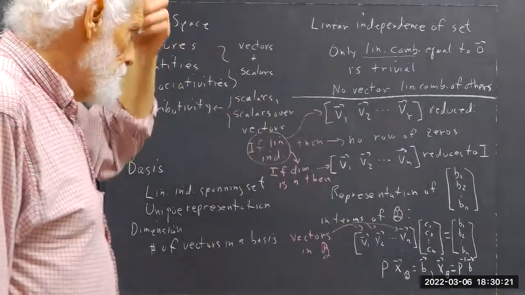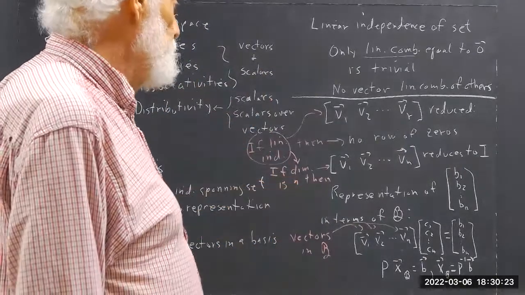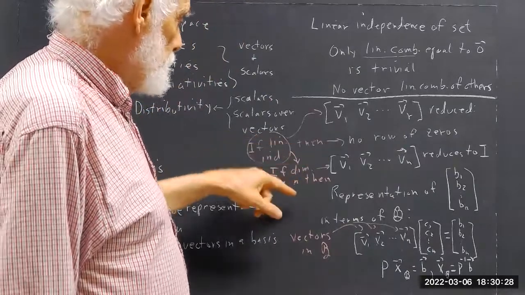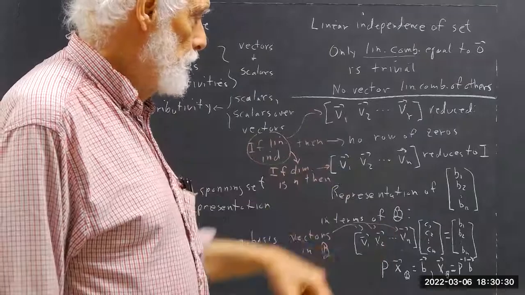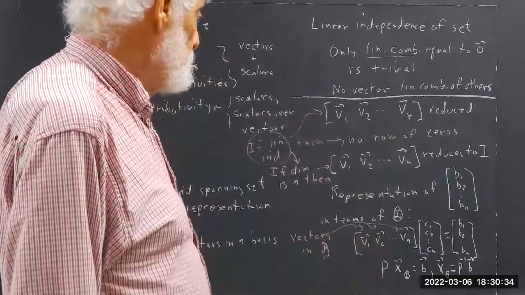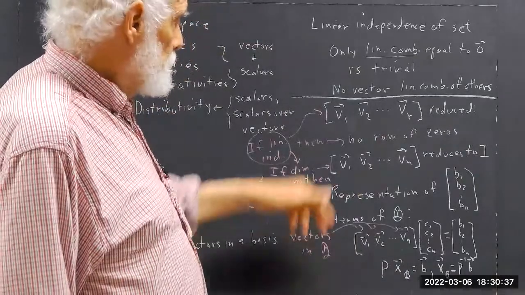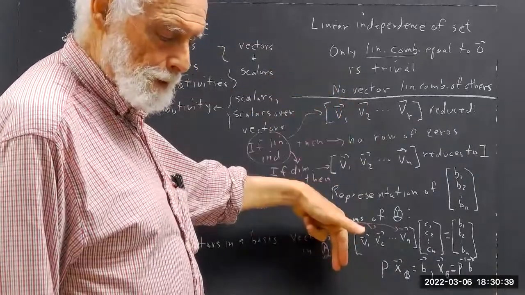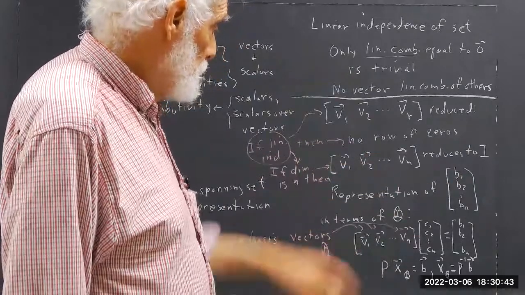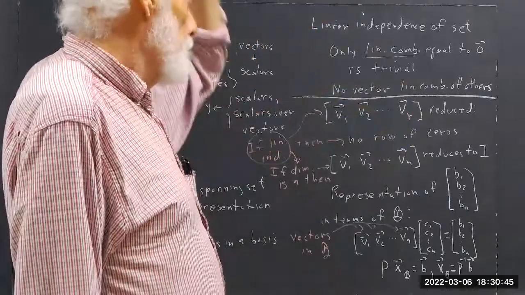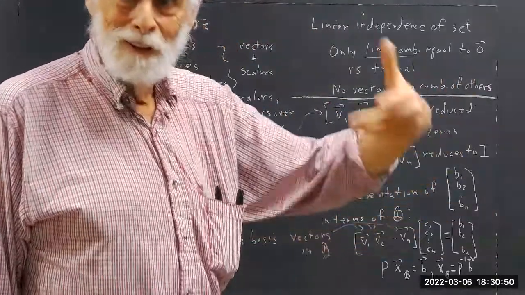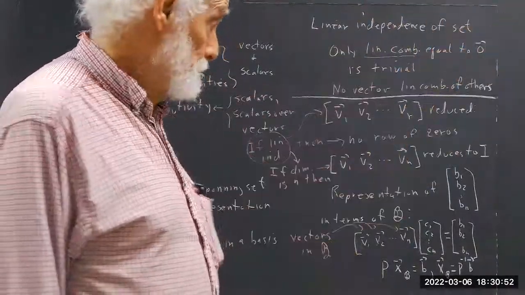Now, if the dimension of the vector space is n, and if the set is linearly independent, that is, if B1 through Bn are linearly independent, then this reduces to the identity. Because of course you're going to have n numbers in each column, meaning you have n rows, and you have n columns, meaning each row is n symbols long.